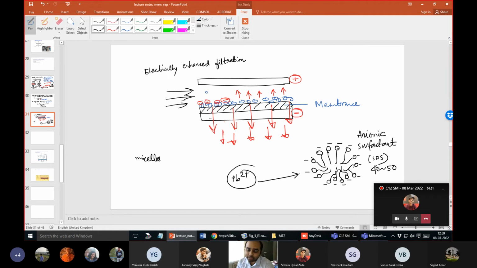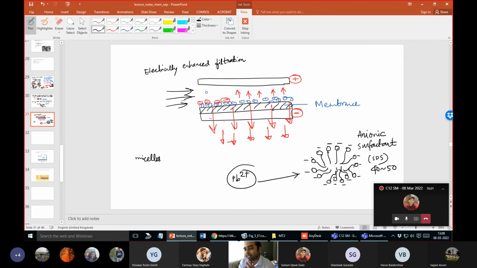We are not removing it directly; we are binding it to another binding agent, in this case the micelle, and we remove the surfactant lead complex together instead of removing the lead individually as an ion. And of course this process will have a significantly higher flux per unit pressure drop than an RO based process.